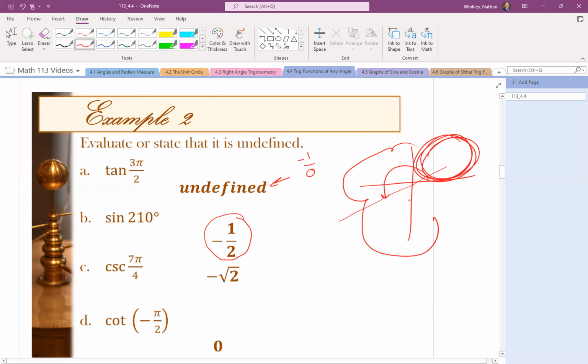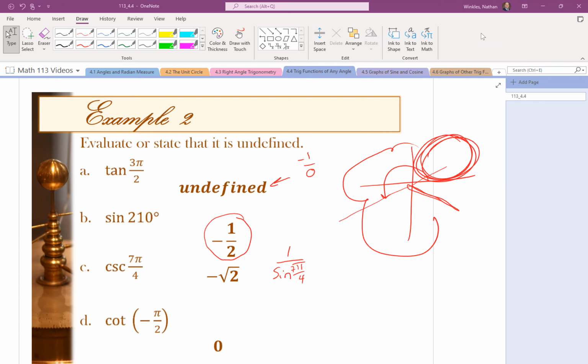So cosecant of 7 pi over 4 is the same as 1 over sine of 7 pi over 4. 7 pi over 4 is actually over here. So 7 pi over 4 puts us down in the fourth quadrant.